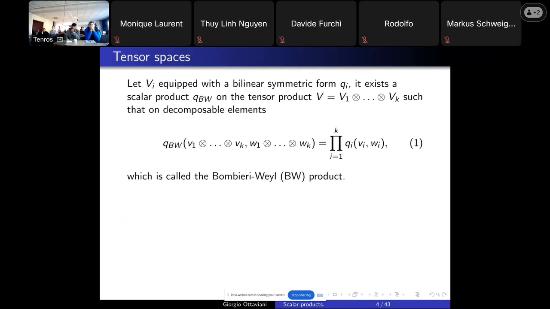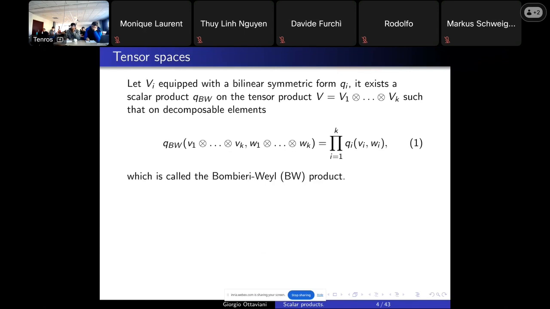So recall each V_i has a scalar product, which I call Q_i. You see the Q_i are here. And I want to compute a new object, called Bombieri-Weil. The new scalar product, Bombieri-Weil, should have this property: when you apply it to a decomposable tensor, v_i on the left and another w_i on the right, then the result should be just the product of the individual ones.